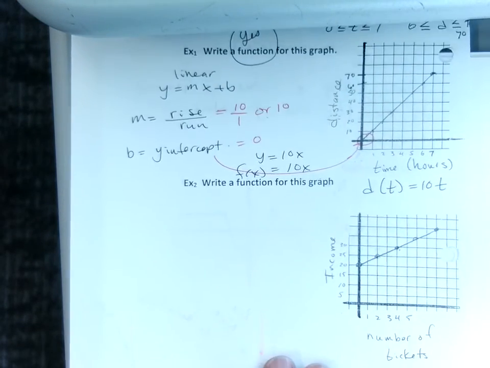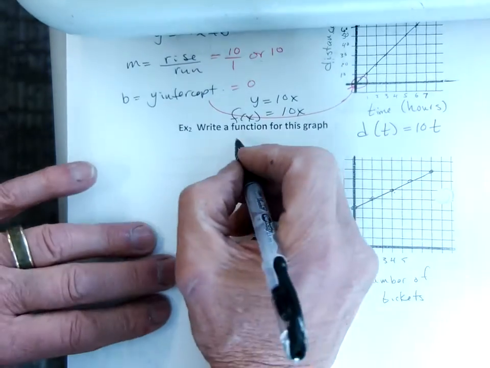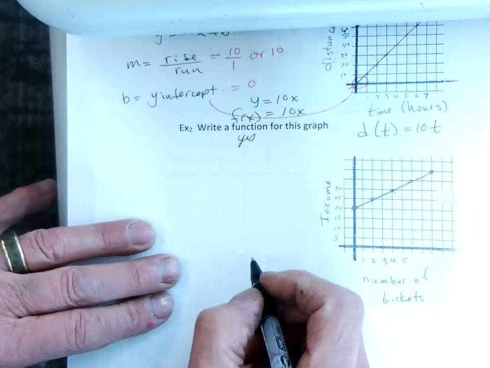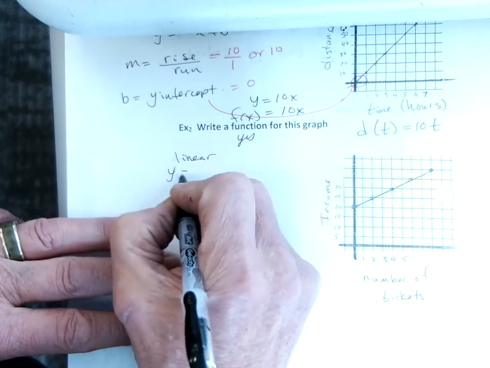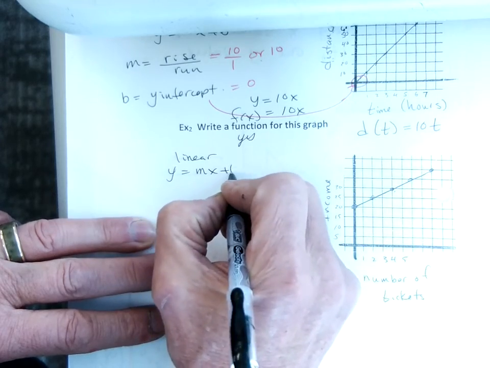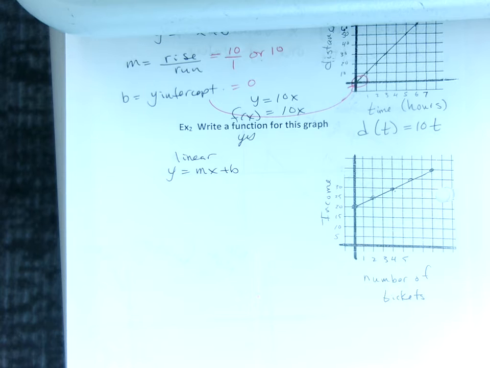Yeah. So, number 2. Is it linear? First of all, it is a function, yes. Is it linear? Yeah, it's linear. It's straight. y equals mx plus b, right? Makes you know so much better, doesn't it? Okay, it's linear, so what's our slope?